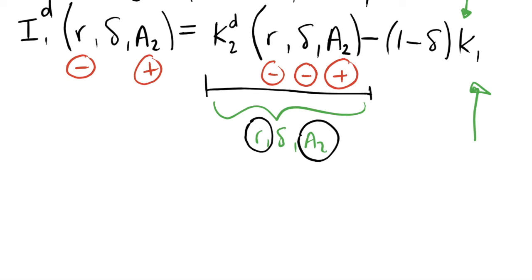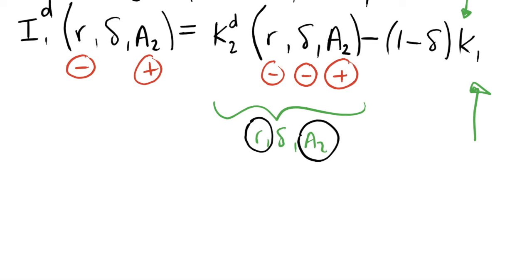So investment demand is only going to depend on these parameters in the same way that this K2 function depends on these parameters. So we can immediately just write down the relationship that investment has with interest rate and productivity parameter. So very nice. However, you'll notice I haven't said how investment demand depends on our depreciation parameter delta.